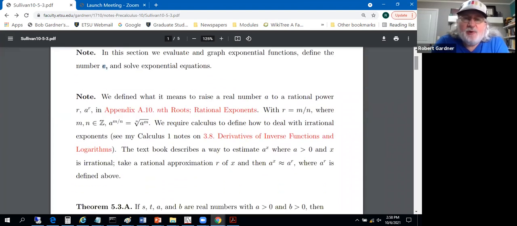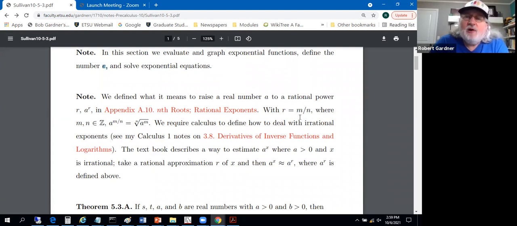A subtlety arises in this idea of exponentiation, and it's related to rational exponents versus irrational exponents. We define what it means to raise a real number a to a rational power r, that is, what a to the r means, in Appendix A10, when we talked about roots and rational exponents.